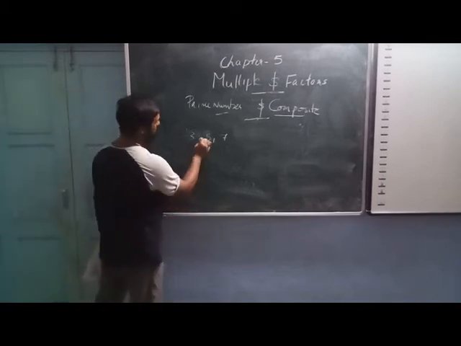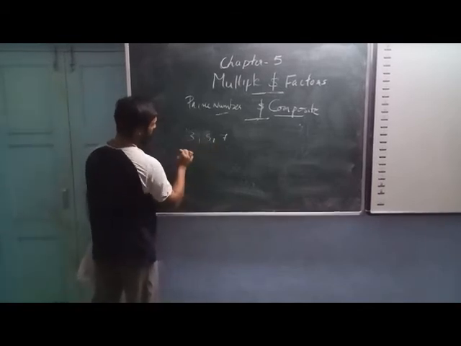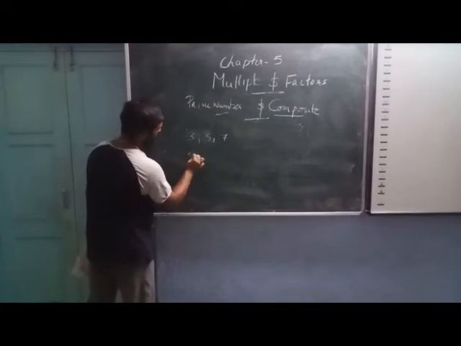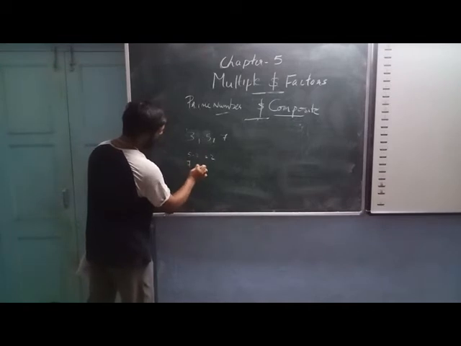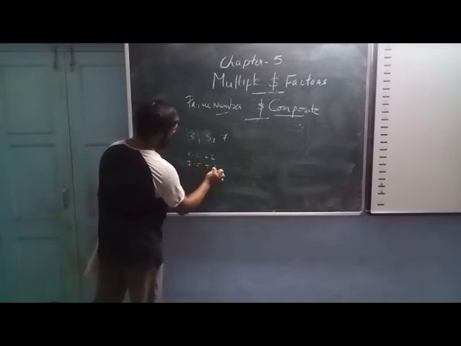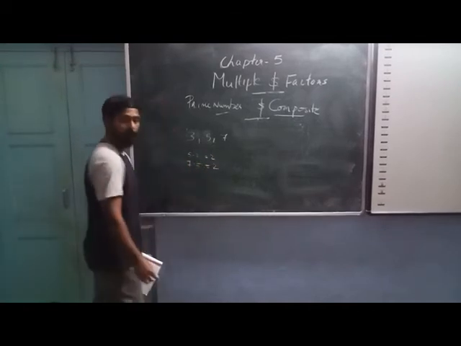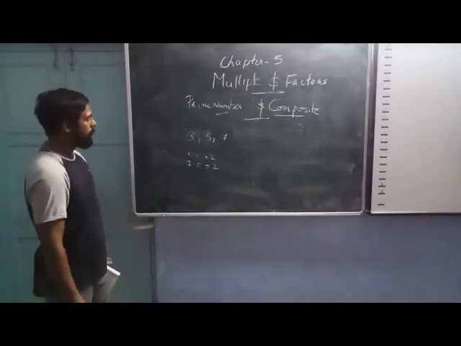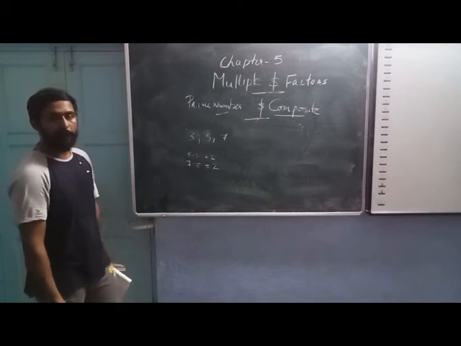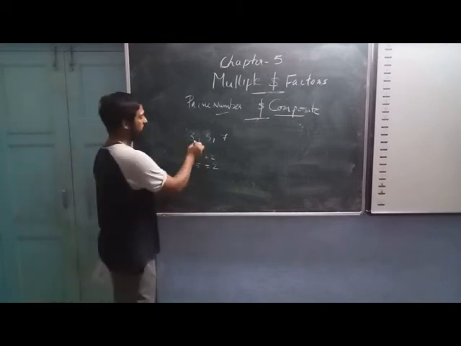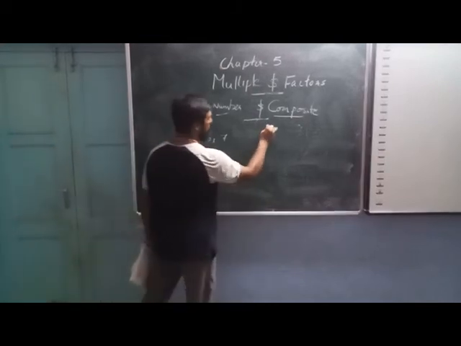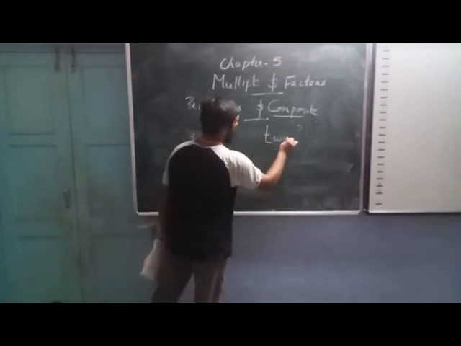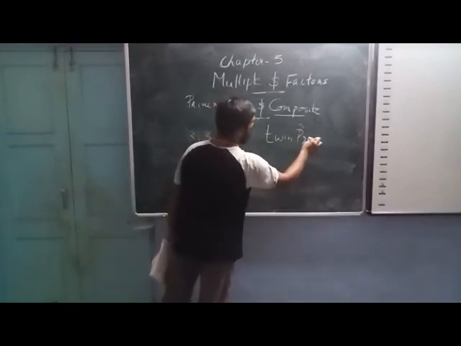But the specialty is that their difference is 2. 5 minus 3 is 2. 7 minus 5 is 2. See? So the differences are 2, right? So the differences between these prime numbers are 2. Such prime numbers are called twin prime numbers.